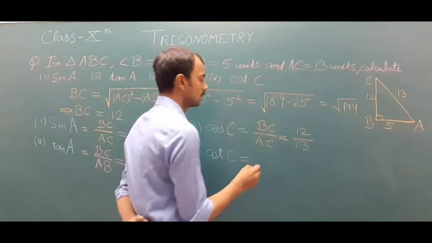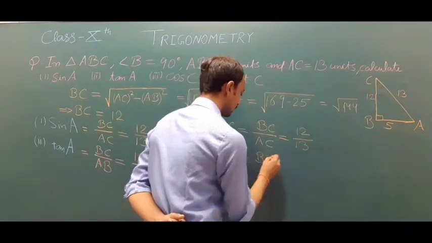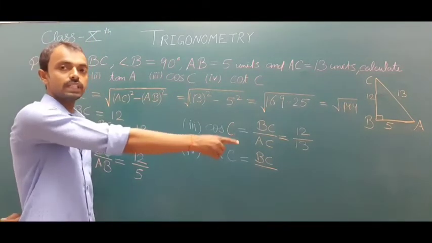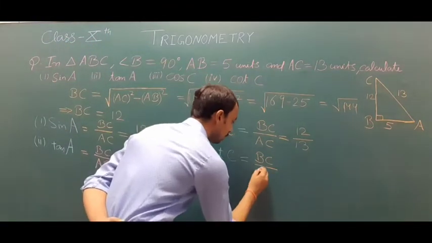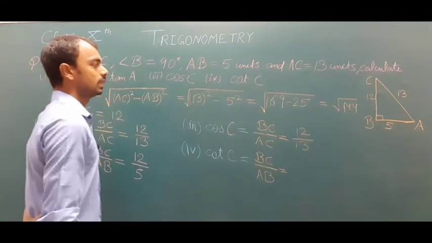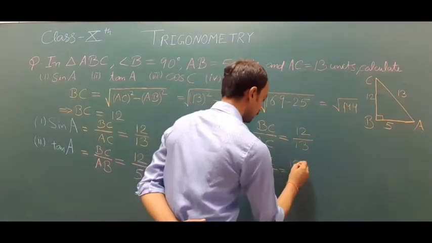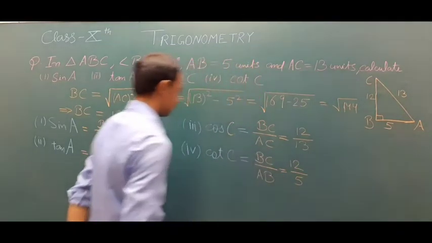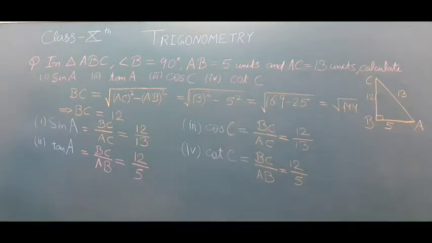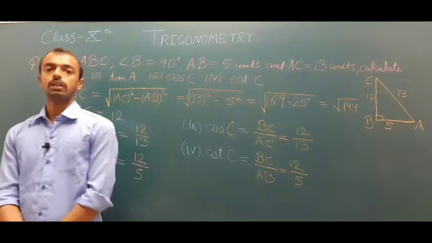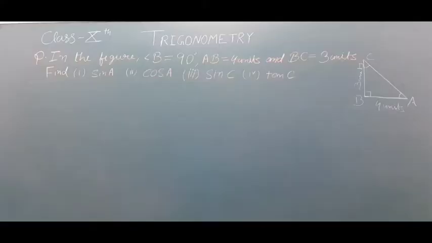Adjacent of C is BC. And what is the opposite side for C? Opposite side for C is AB. So BC upon AB. Okay. What is the value of BC? Value of BC is 12. And value of AB is 5. Is it easy? Just you have to put the values in the ratios and nothing else. So you will get the answer properly.